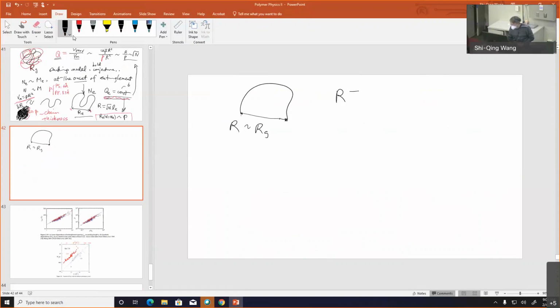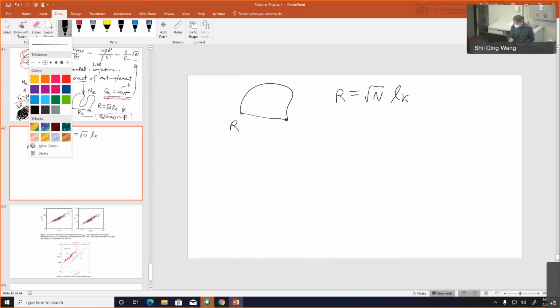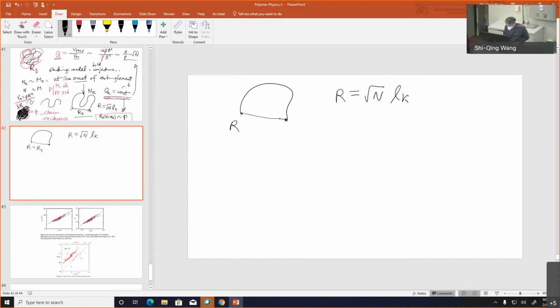Well, R is, that's R or G, it doesn't matter which way. What do we mean by styrene needing a bigger R_G, a bigger R_E at this point?